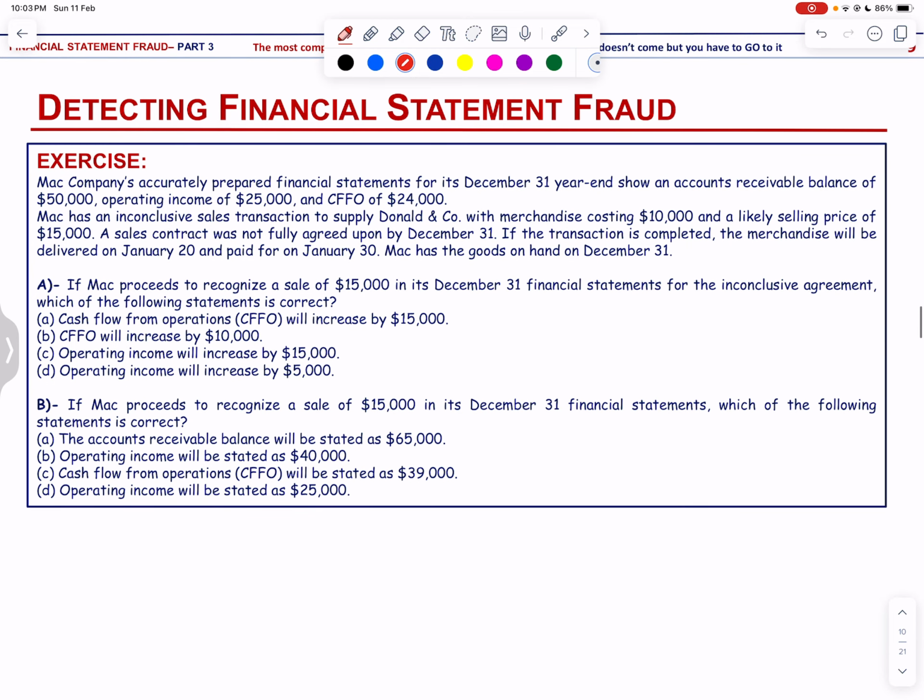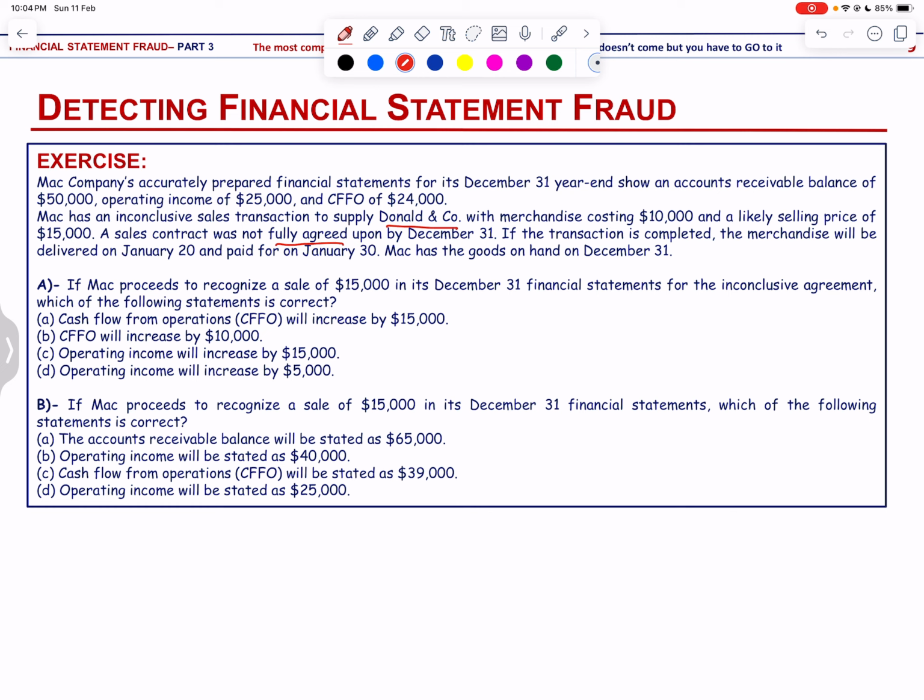Mac Company accurately prepared financial statements for its December 31st year end show an accounts receivable balance of 50,000, operating income of 25,000 and CFFO of 24,000. Mac has an inconclusive sales transaction to supply Donald and Company with merchandise costing 10,000 and a likely selling price of 15,000. A sales contract was not fully agreed upon by December 31st.